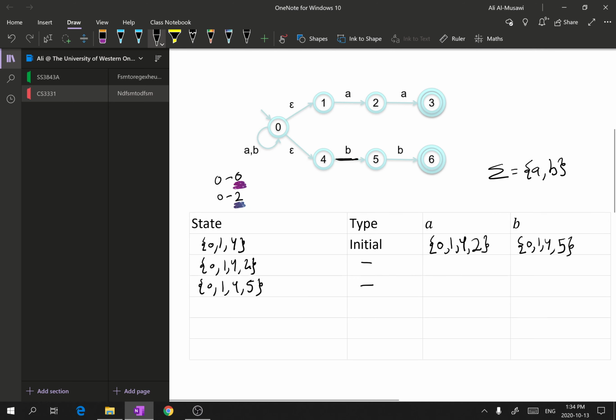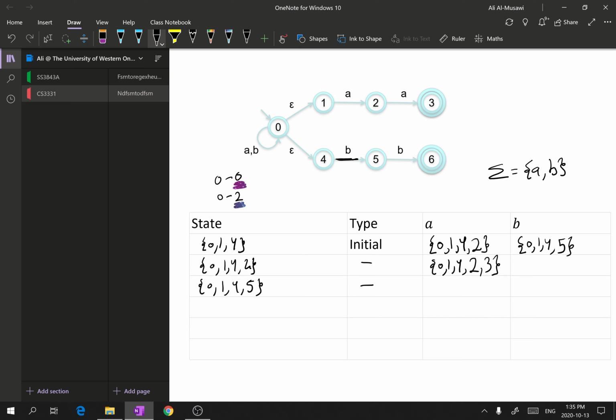Now, how do we transition on A from this state? Well, look at 0. On A, it goes to itself, union the epsilon closure, so we do that. On 1, we can go to 2, union the epsilon closure, which is just 2. From 2, I can go to 3 on A, union the epsilon closure, which is 3, but that's already there.